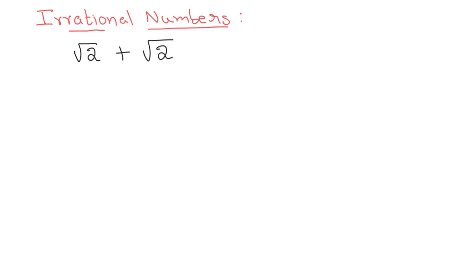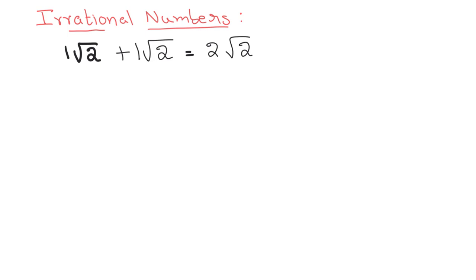Of course. 1 root 2 plus 1 root 2 is 2 root 2. Is 2 root 2 an irrational number? Of course, because when a rational number is multiplied by an irrational, it will still be irrational. Fine. So the sum of two irrational numbers is an irrational number.